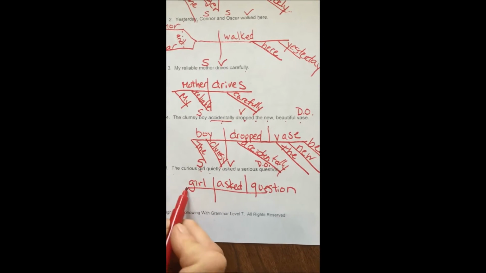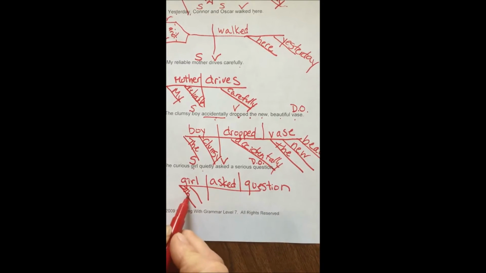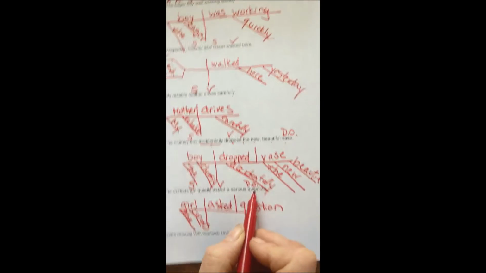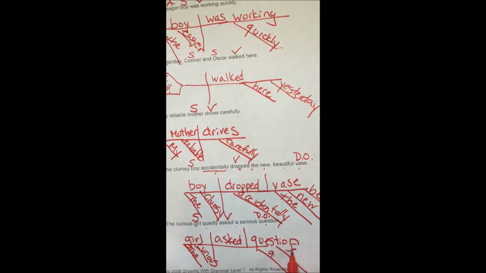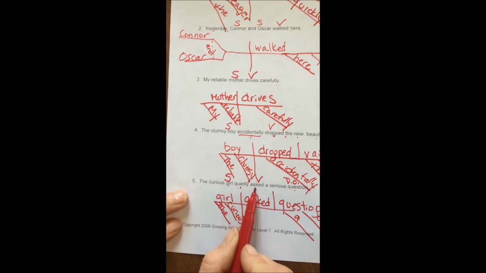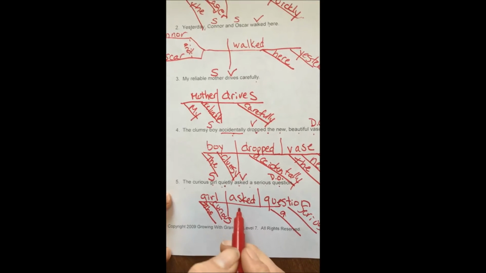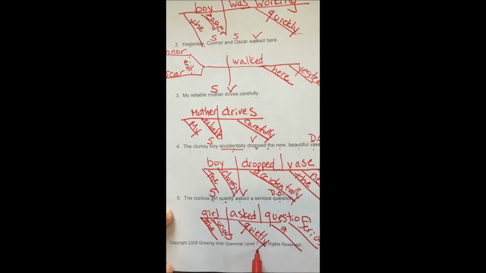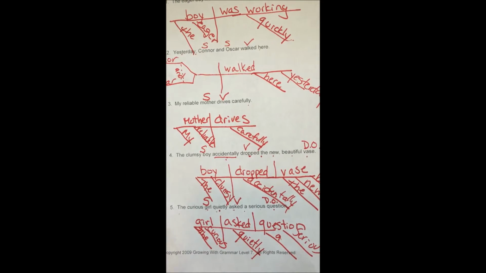The and curious. Which words modify question? A and serious. And then we have one word left, quietly. Quietly modifies how the question was asked. So it goes under our verb because it's an adverb.